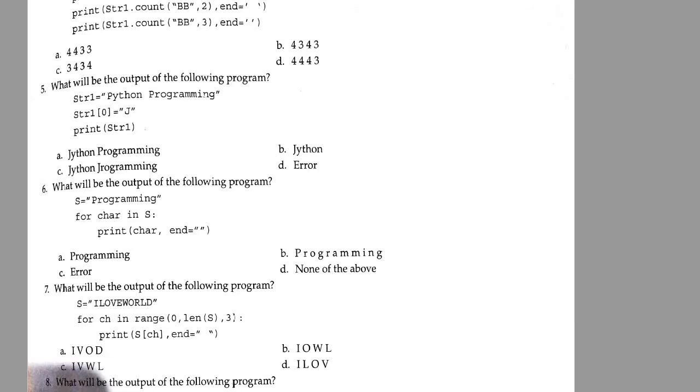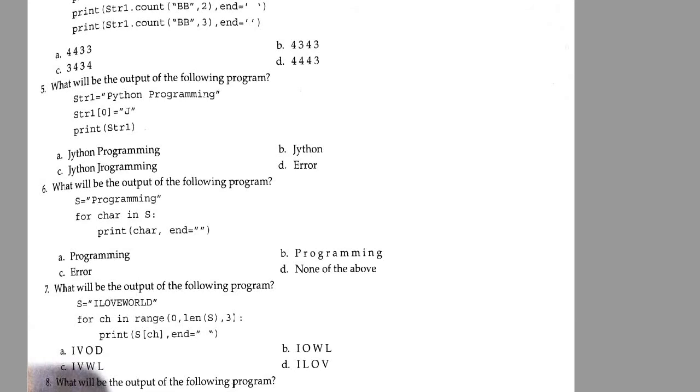It starts traversing the string. So first it will traverse P, then R, then O. The output will be the same as it's defined in the string. So option A will be the correct answer. Now, next we will see what will be the output of the following program.